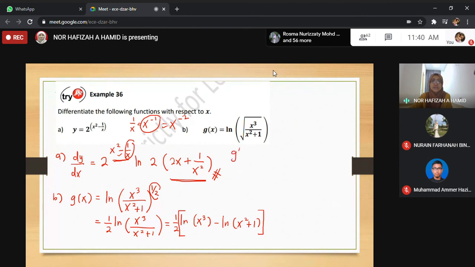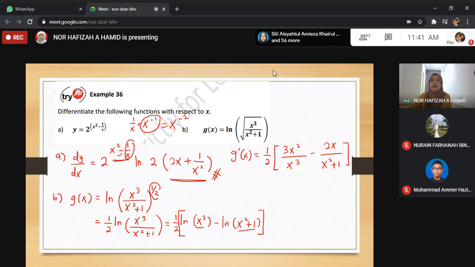So you differentiate g prime x. G prime x is equal to 1 over 2. Okay, so differentiate ln senang je. You differentiate dulu dalam bracket tu, x cube is 3x square. So overkan balik dengan x cube. So minus with differentiate x square plus 1, you dapat 2x. So over balik dengan x square plus 1.